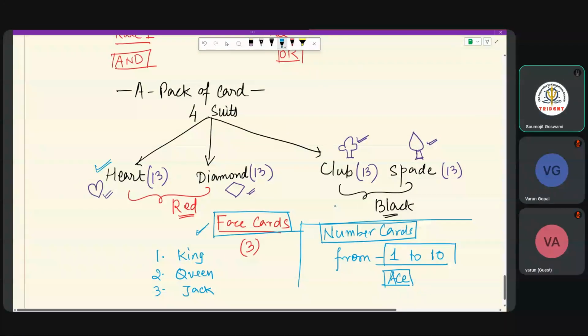Too much information. I remember, in my school days, I used to remember all this by heart, because in probability this is heavily used.